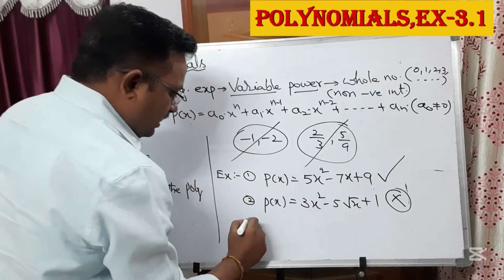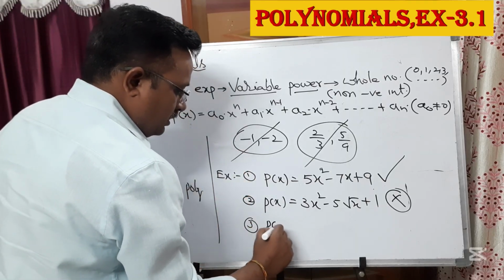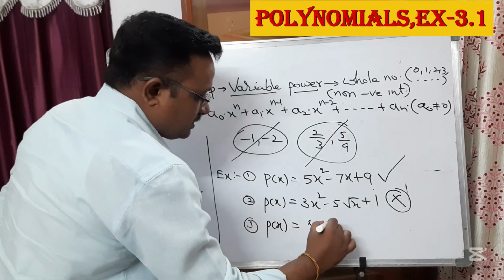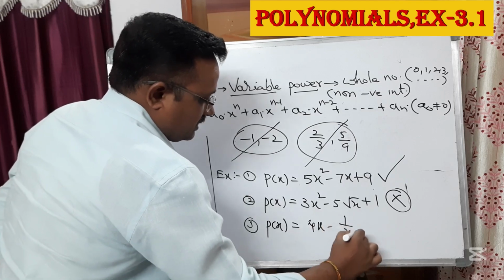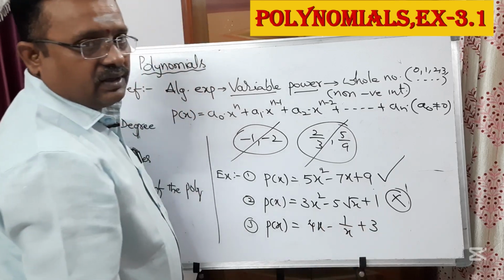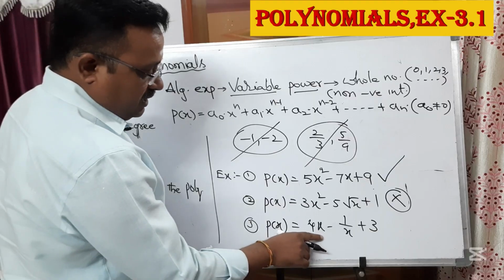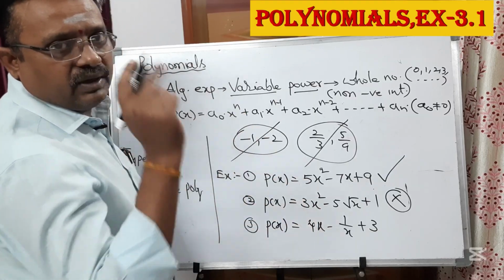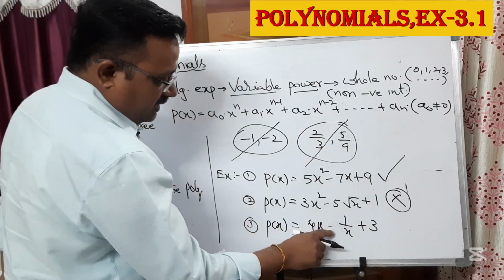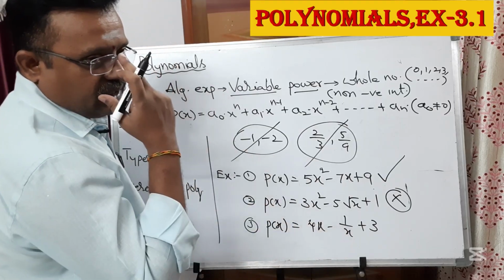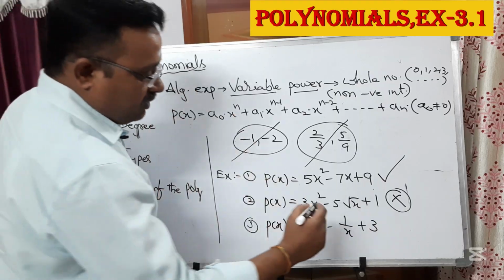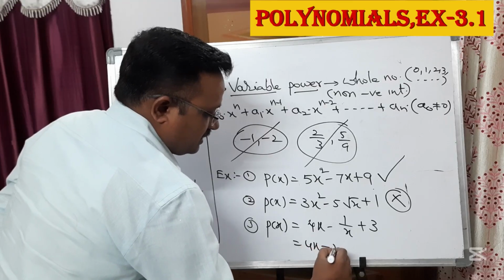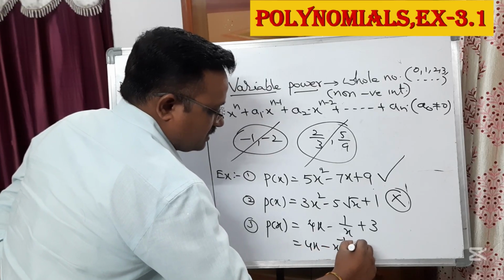Understood? In the same way, third example, p of x equal to 4x minus 1 by x plus 3. In the first term 4x, the variable power is 1, since nothing is written means the variable power is 1. In the second term minus 1 by x is there. We can write that as 4x minus x power minus 1 plus 3.